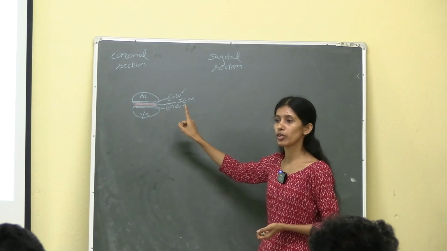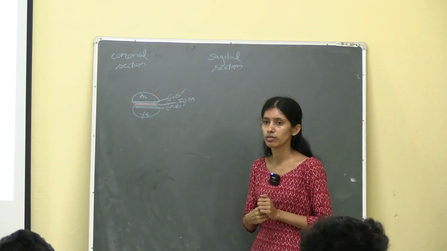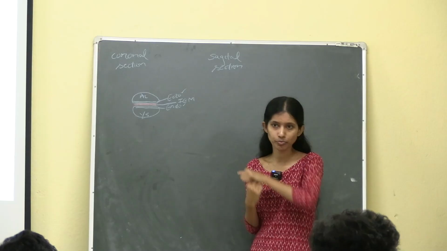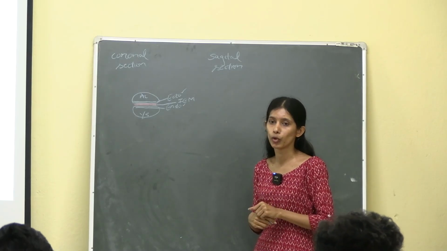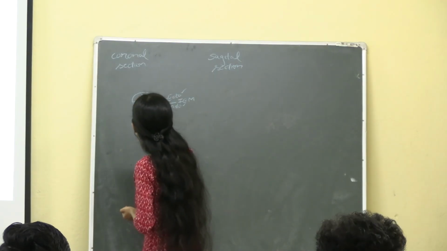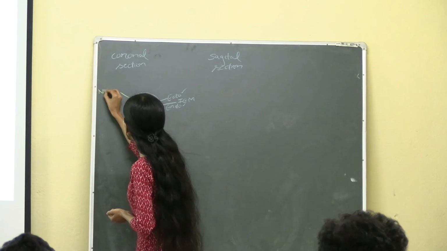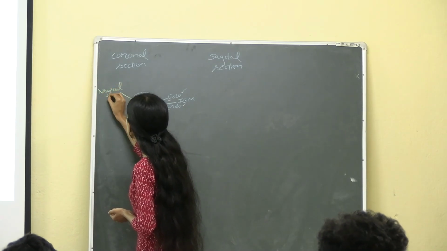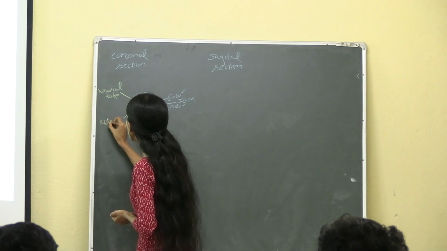In the intraembryonic mesoderm again we have two important structures. What are those? We have neural tube and notochord, okay. This is neural tube and this is notochord.